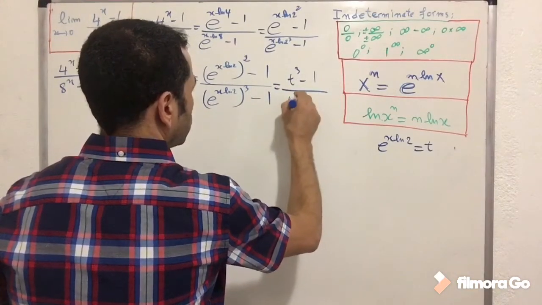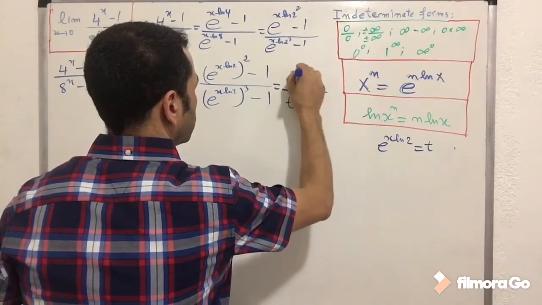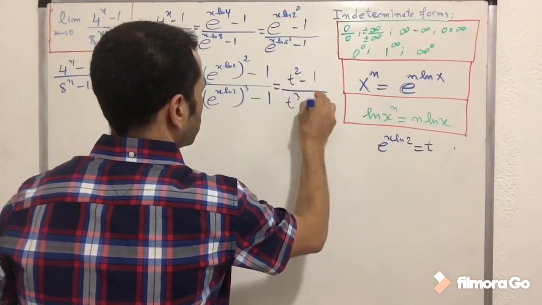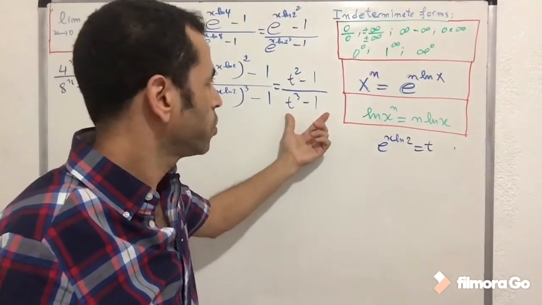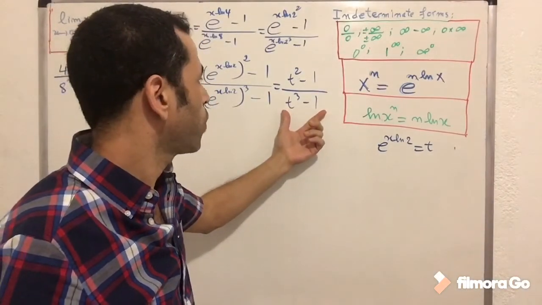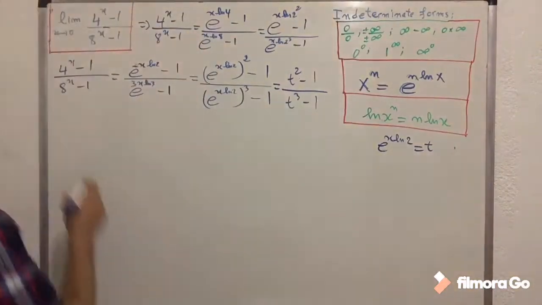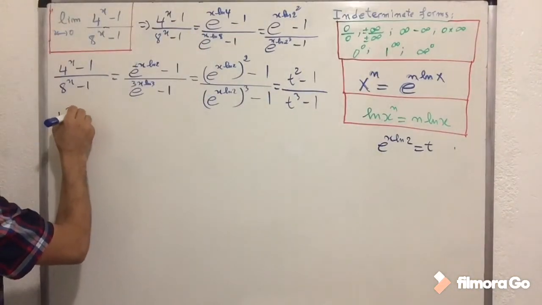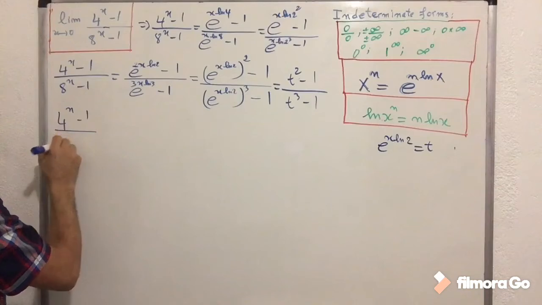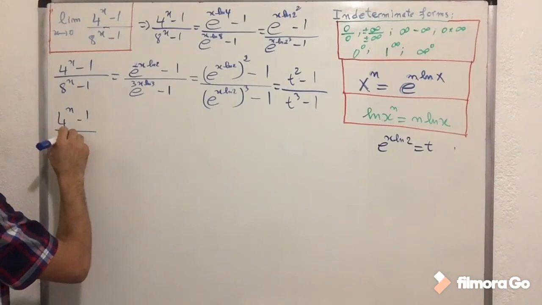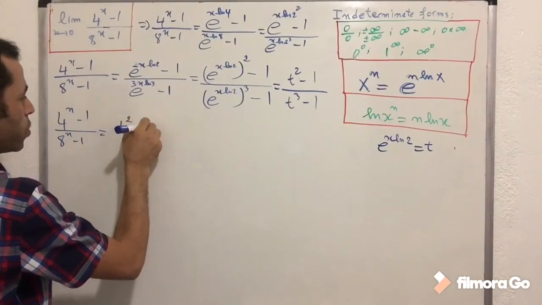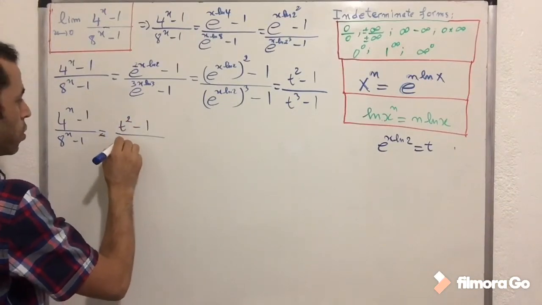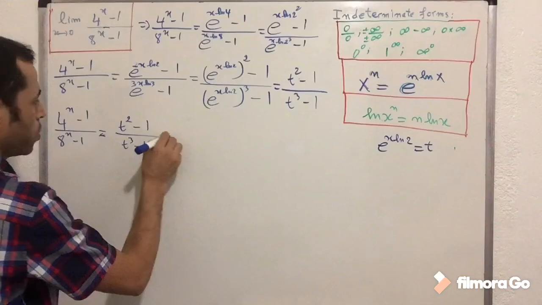So 4^x − 1 over 8^x − 1 equals t squared minus 1 over t cubed minus 1.